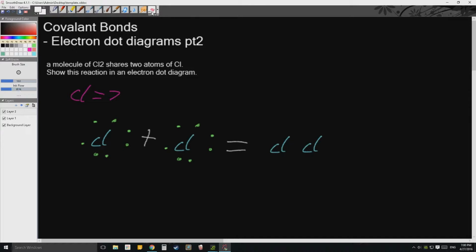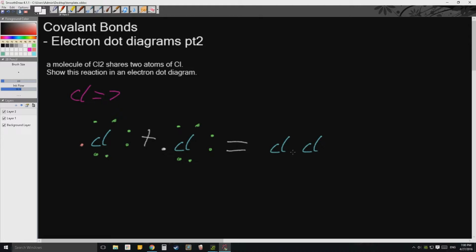So if I recolor these into different colors so that you can differentiate them, I'll make this one red, and I'll make this one white, I guess.